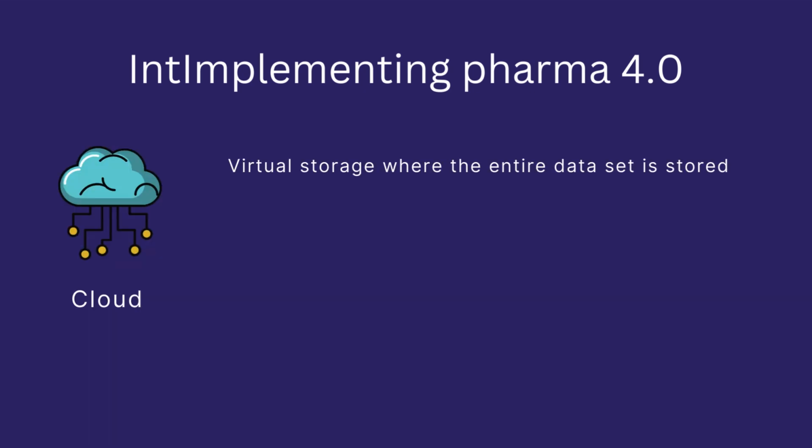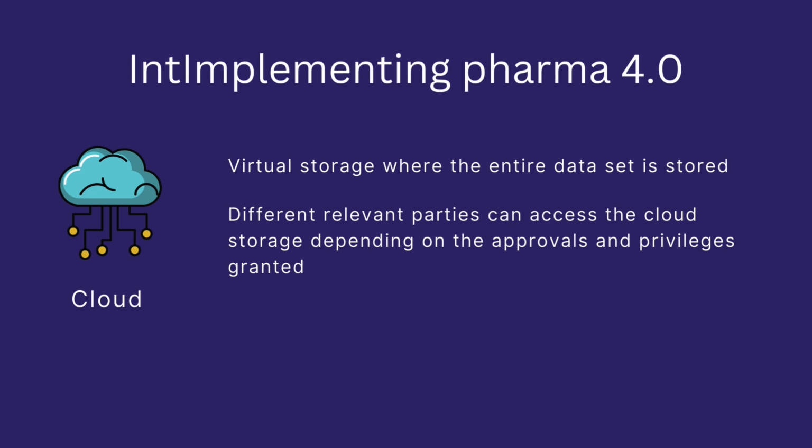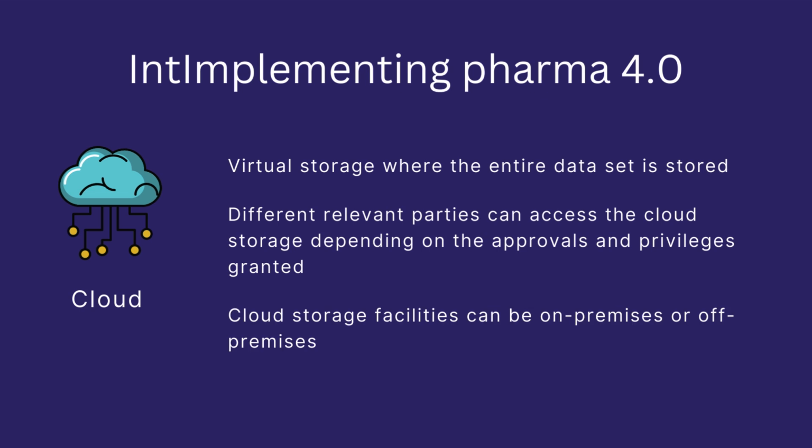Cloud. Cloud is the virtual storage where the entire dataset is stored. Different relevant interested parties such as software, humans, machines, and computing workstations can access the cloud storage depending upon the approvals and privileges granted. Cloud storage facilities can be on premises or off premises at a third party location.